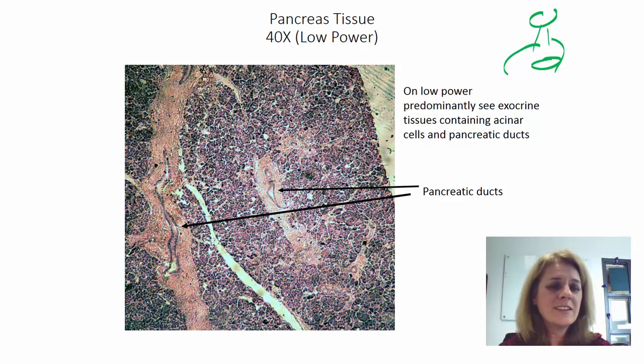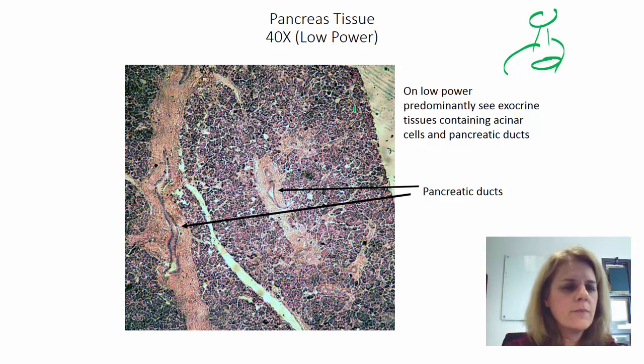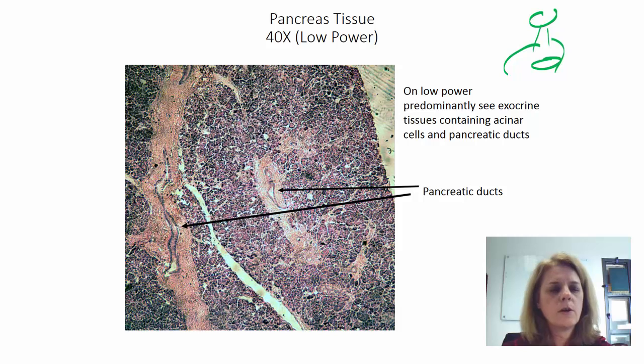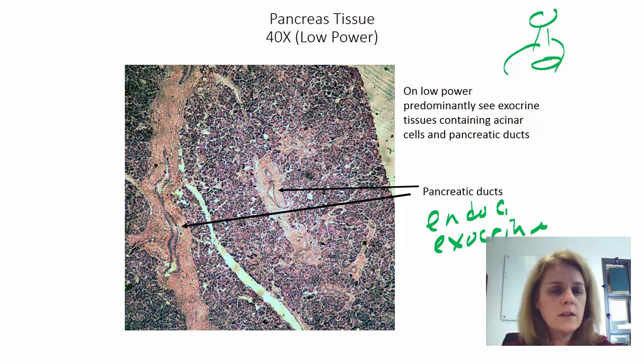So again, this looks glandular because you're seeing all of these dark purple nuclei. Now, I think I just said, I know I did, the pancreas has an endocrine function and an exocrine function. So if you go back to 201, we talked about how glands can be endocrine or exocrine, okay? So the endocrine function, this means they're making hormones.